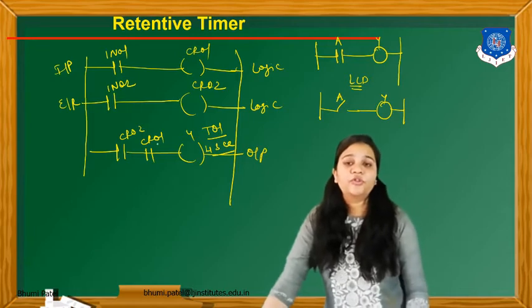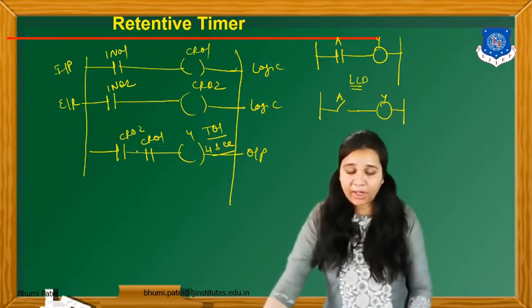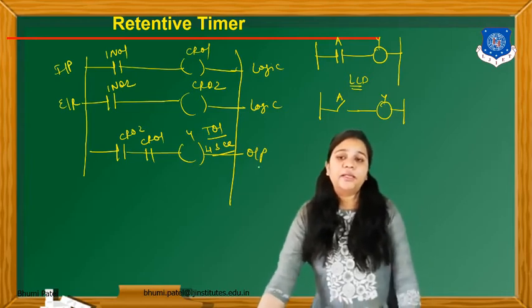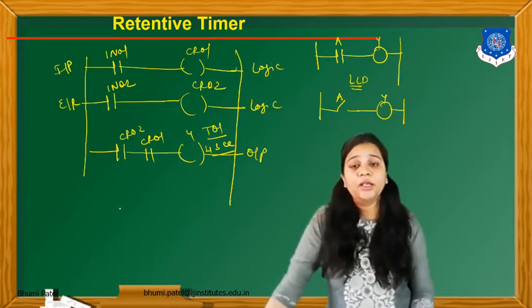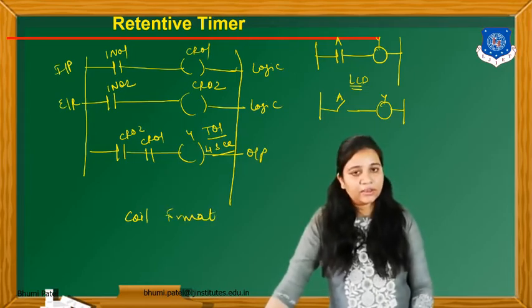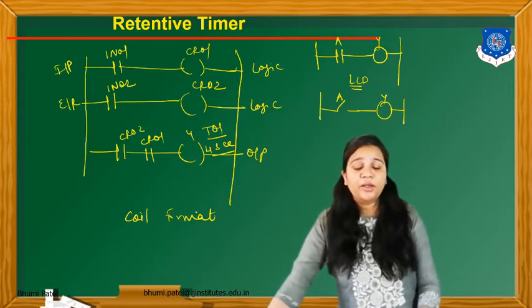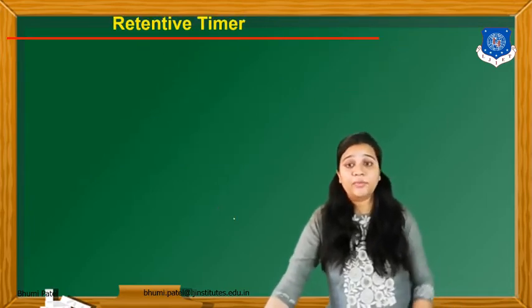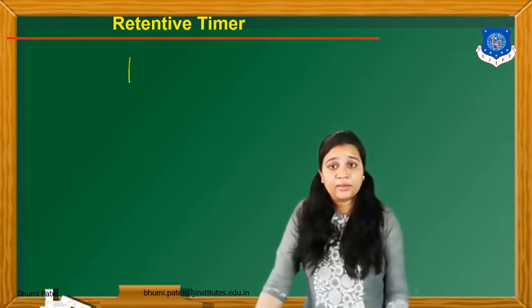So after 4 seconds, if both inputs are enabled, at that time we get the output. So this is the coil format for this particular program. Clear?